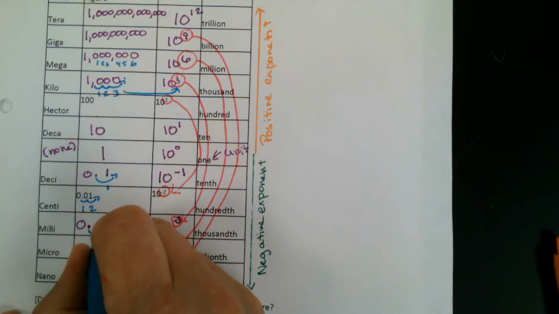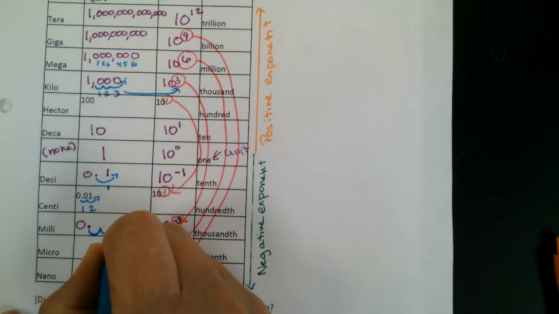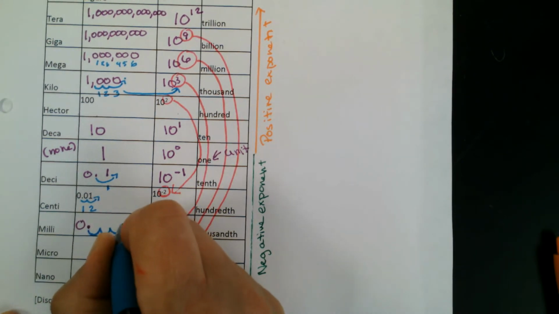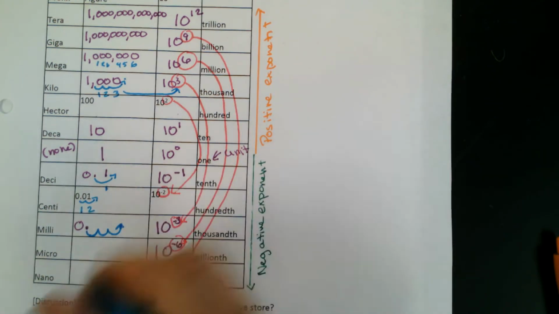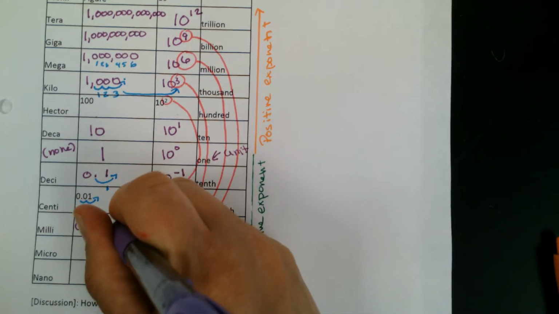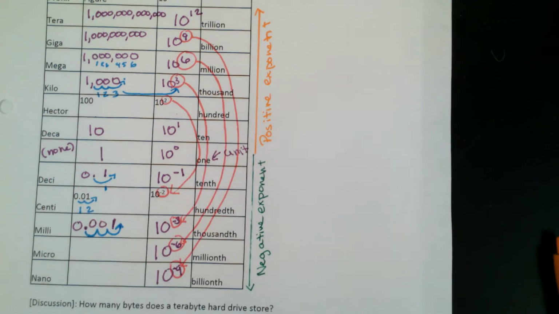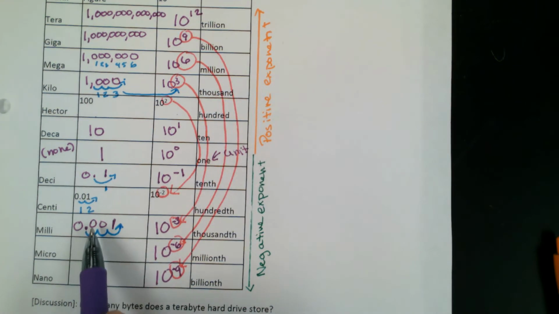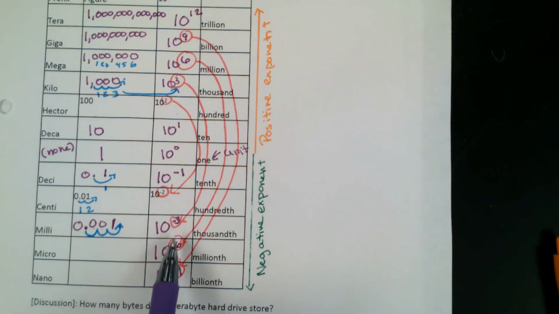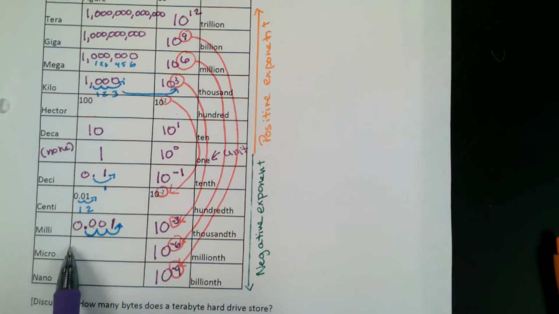It's actually teal. 1, 2, 3. So this is where the decimal would be behind the 1. So in this 1 right here, there's a 1 right there, right? In that first pocket there. And then I fill the other pockets with zeros. So .001 is 10 to the -3, 1,000th, which would be milli.